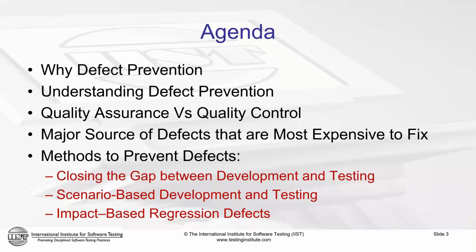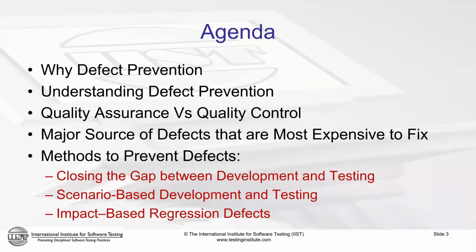But then it's important for me that you understand really what defect prevention means and how different it is from defect detection. As an intro to our topic, I want to make sure also that we all understand the difference between quality assurance and testing. In other words, quality assurance and quality control.